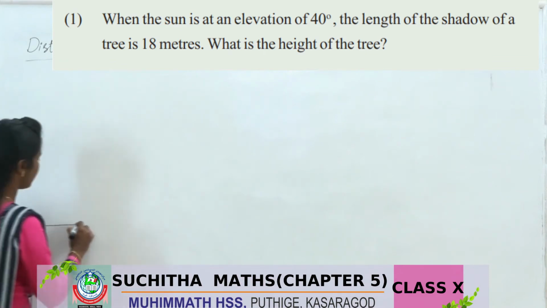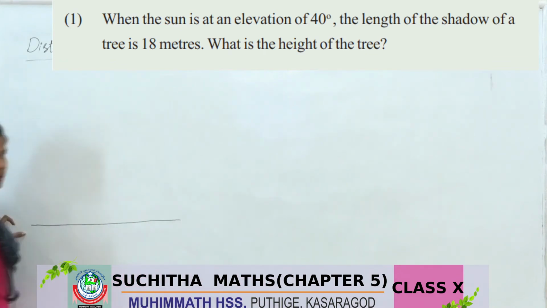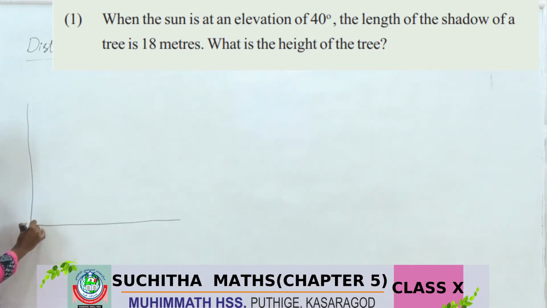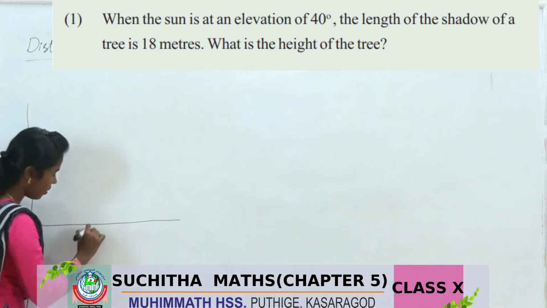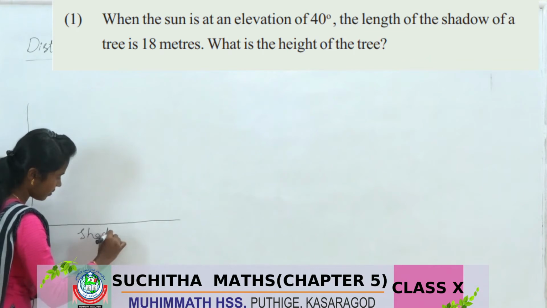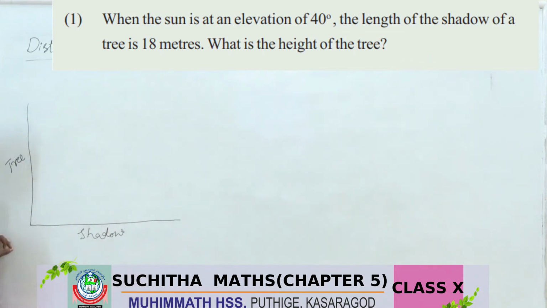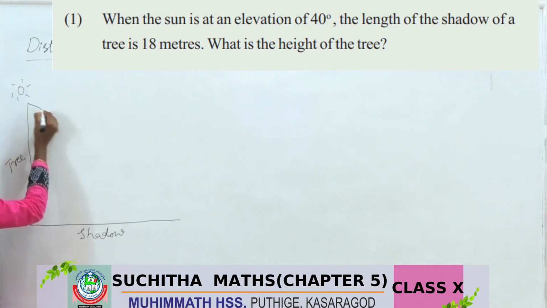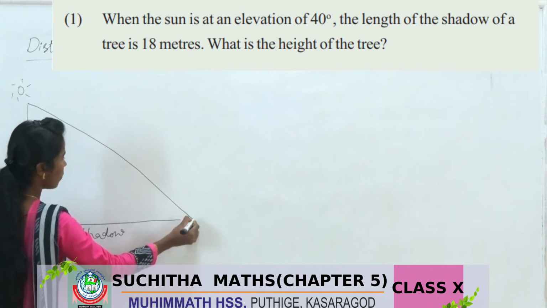So first draw the ground floor, and this is the tree. This is the tree and this is the shadow of the tree. And the sun is at an elevation of 40 degree, meaning the sun is here and it is at an elevation of 40 degree.